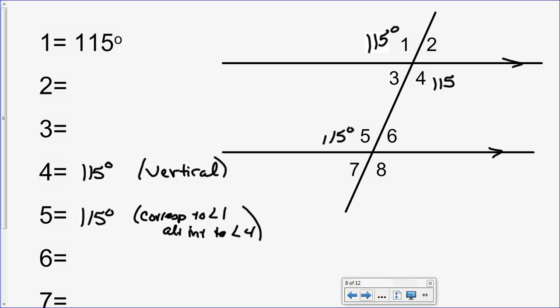Then our last one is also going to be 115 degrees because it's vertical, or it's corresponding to 4, or alternate exterior to angle 1. The other ones are 65. Why 65? They're a linear pair, so 180 minus 115.